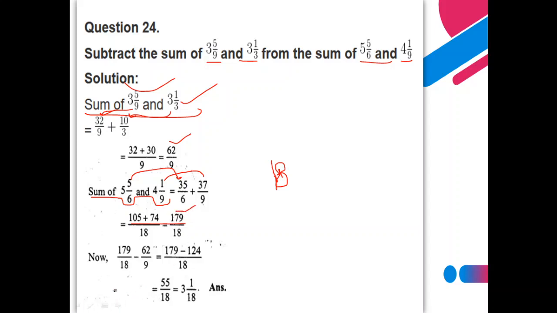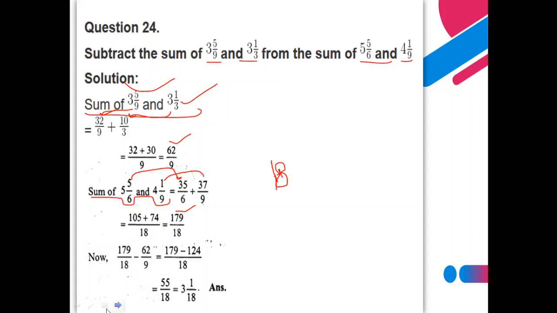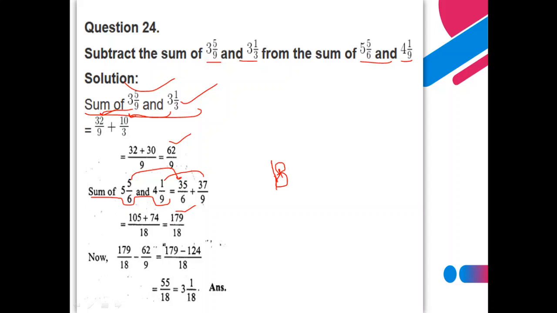So here students, what is the question? The question is to subtract the sum of the first statement from the sum of the next statement. इसका मतलब ये है कि जो नेक्स्ट वाला सम मिला है हमें उसको पहले लिखेंगे, 179 upon 18 minus 62 upon 9. दूसरे सम से हमको फर्स्ट वाला सम सब्ट्रैक्ट करना है.